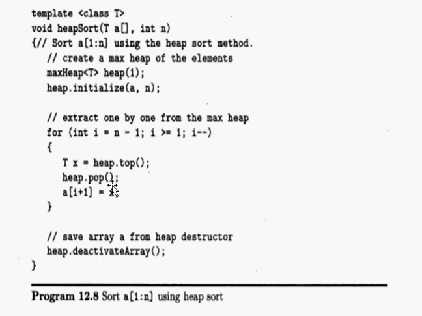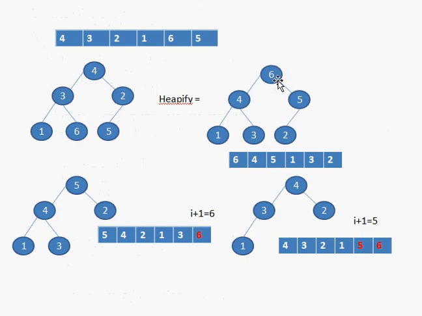Then we perform heap.pop. When we execute heap.pop, this pop function is going to destroy the maximum element. 6 is gone now, and we need to look at which is the best element to replace the 6. From this tree we can see that 5 is the best node which can replace it, and it will still be a max heap.